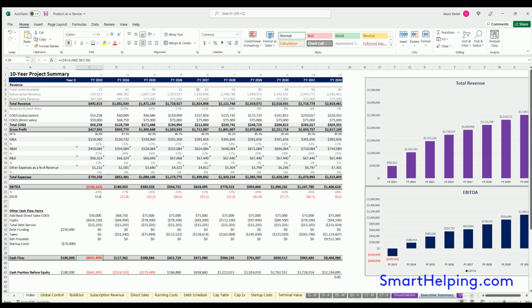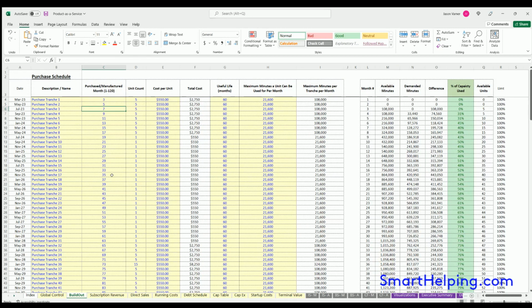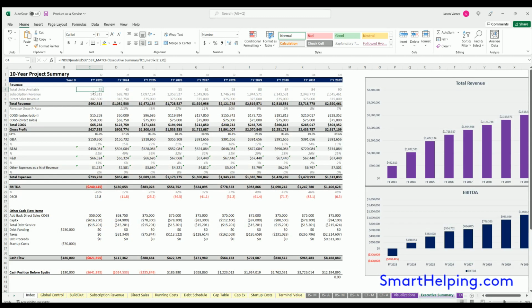Executive summary, you can see high level total units available over time. This is going to show, based on your build out assumptions here and any useful life, how much is available over time, the total sales from selling subscription to those units, the direct sales revenue, total revenue, your cost of goods sold for each of the different sales channels, total cost of goods sold, gross profit, your general operating expenses, other operating expenses as a percentage of revenues, total expenses, and then we get down to EBITDA.